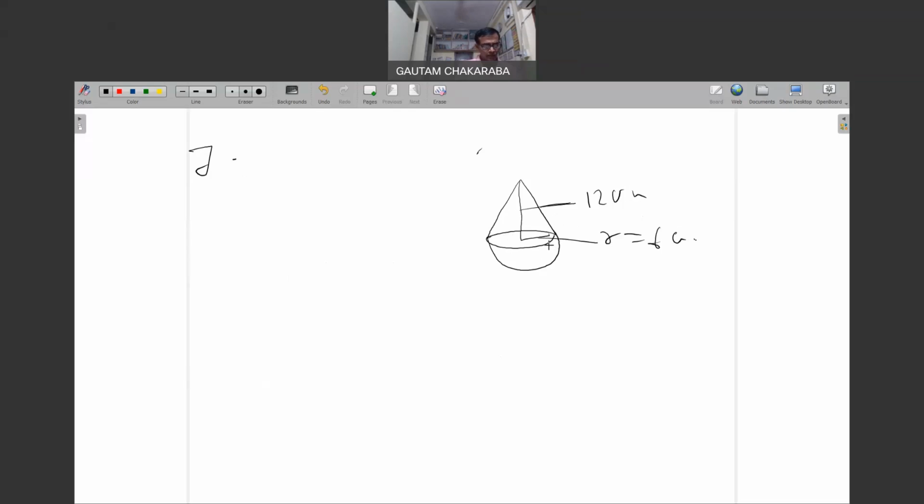Okay. It is placed upright in a right circular cylinder full of water such that it touches its bottom.